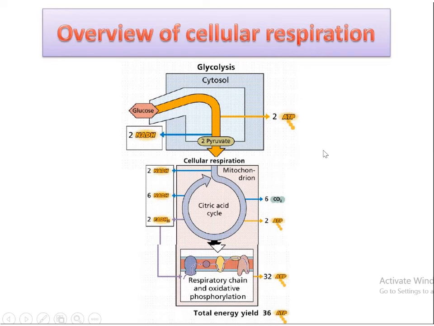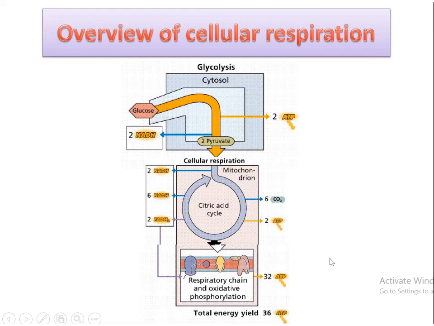As a result, all the NADH2 and FADH2 produced by glycolysis and the citric acid cycle give electrons to the electron transport system, and finally the total energy yield is 36 ATP from a single glucose molecule. So in our cell, through cellular respiration, a single glucose molecule produces 36 ATPs.